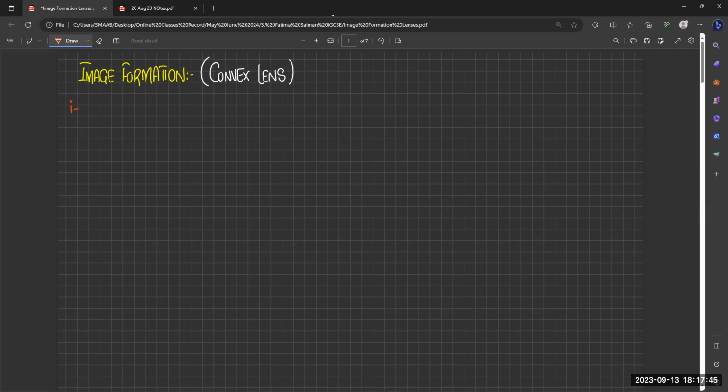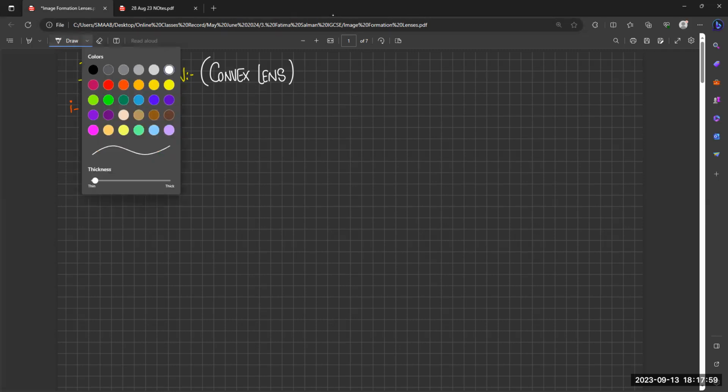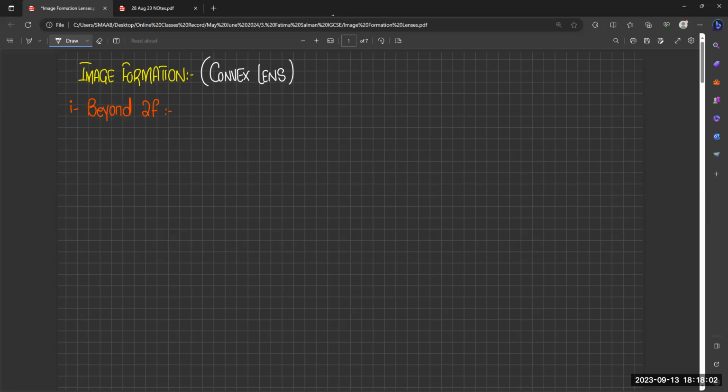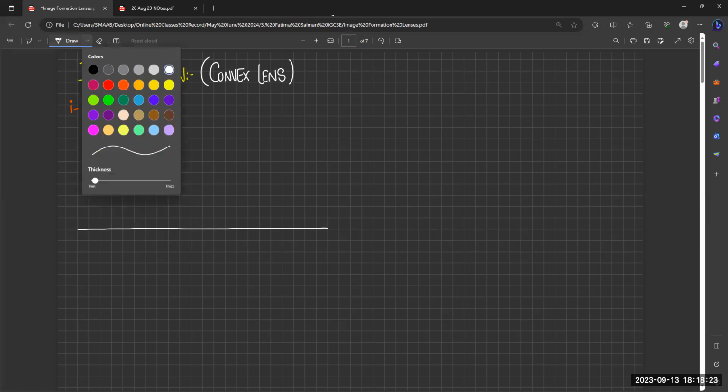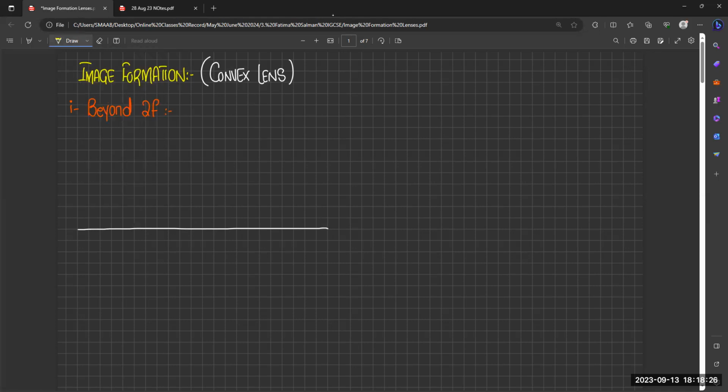So in the first case, let's suppose if we place object beyond 2f. So the first case is when object is placed beyond 2f. So this is our principal axis, and in center we are having our lens.